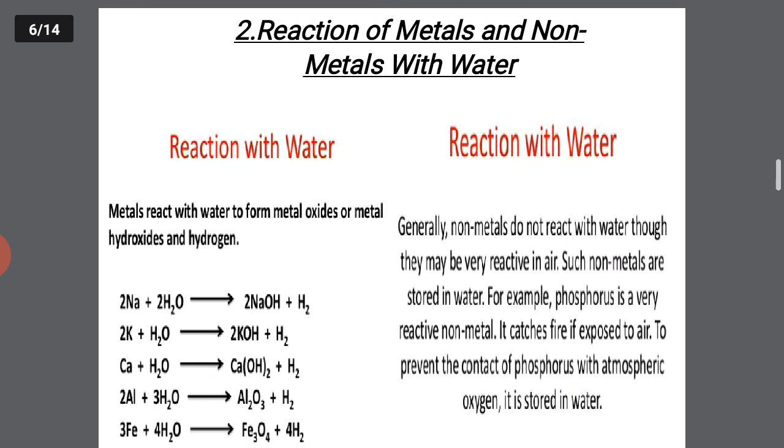So the next parameter is reaction with water. When metals react with water, they make metal hydroxides or metal oxides, and they release hydrogen gas. For example, sodium plus water gives sodium hydroxide plus hydrogen gas.